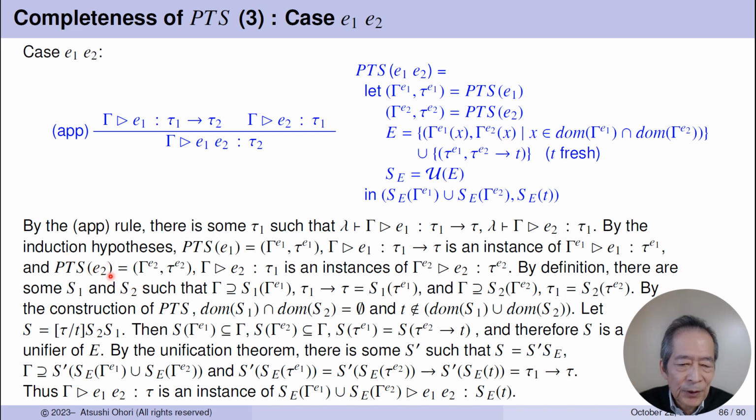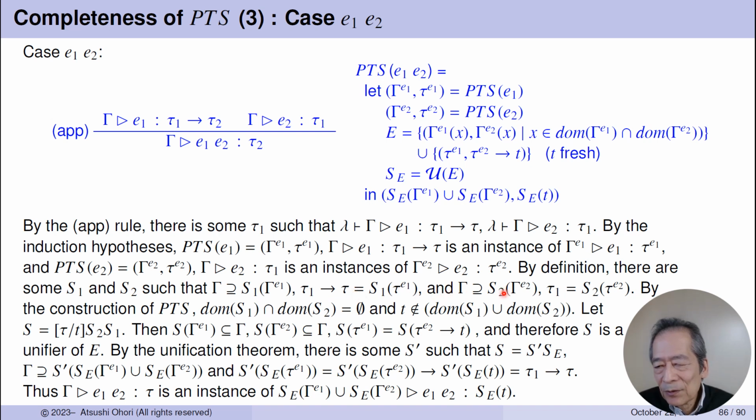So PTS of E2 succeeds with some principal typing, and this derivable typing is an instance of this one. So far this is given by the induction hypothesis. Then by the definition of the instance-of relation, there are some S1 and S2 such that S1 applied to this gamma E1 is a subset of gamma, and S1 applied to this tau E1 is tau 1 arrow tau.